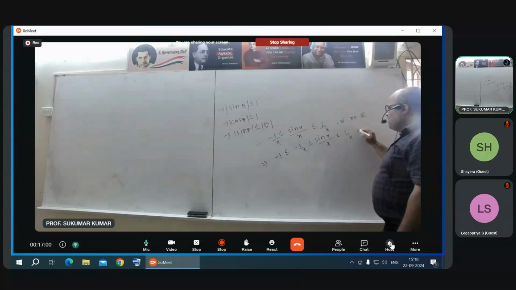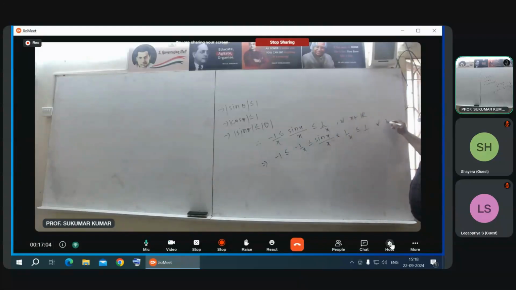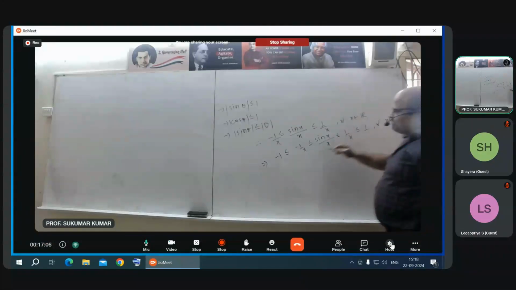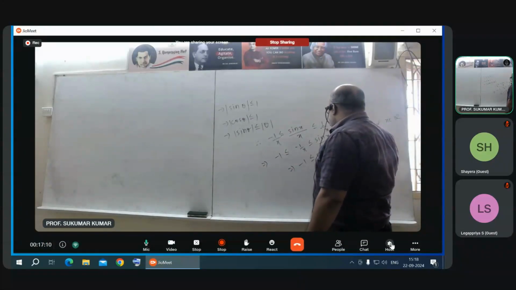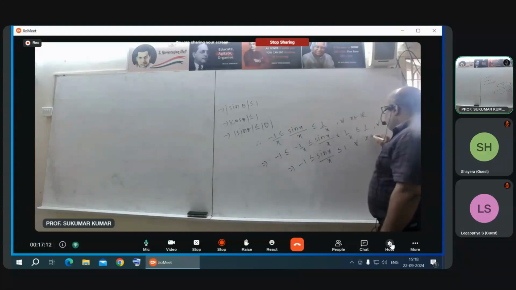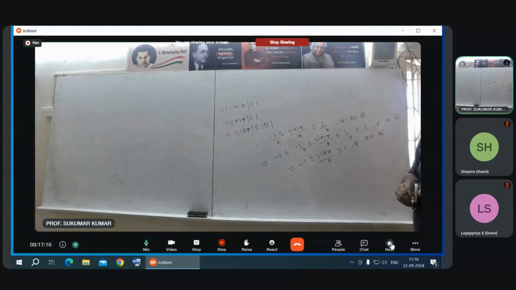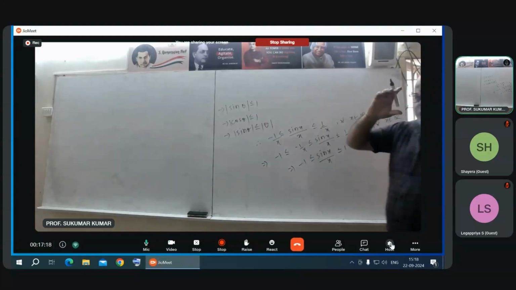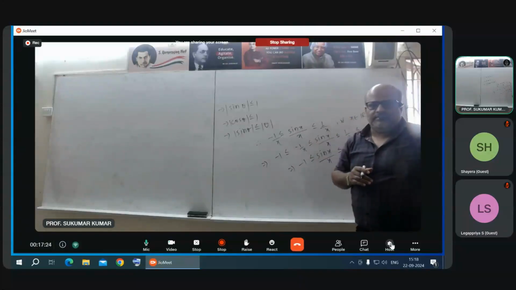By the graph you see, all our values will finally come between minus 1 to 1 only. So minus 1 less than or equal to sin x by x less than or equal to 1, I can write. Remember the graph, both sides sin x by x is decreasing. Anyhow, the range values will be between minus 1 to 1.